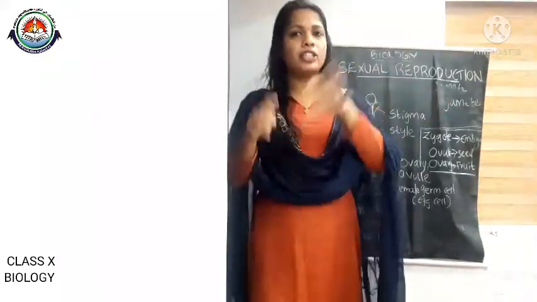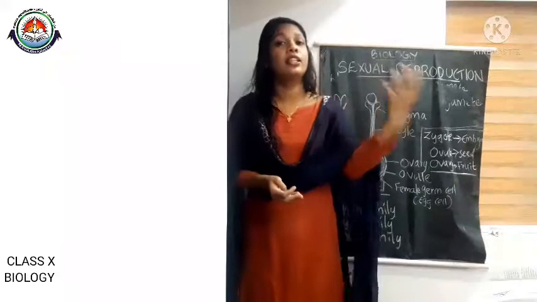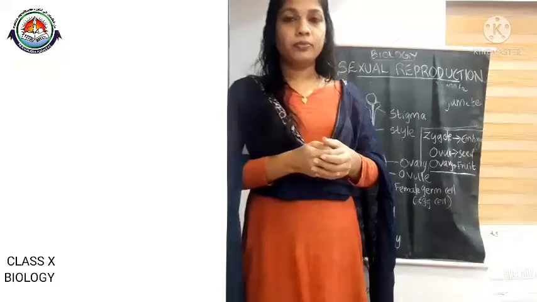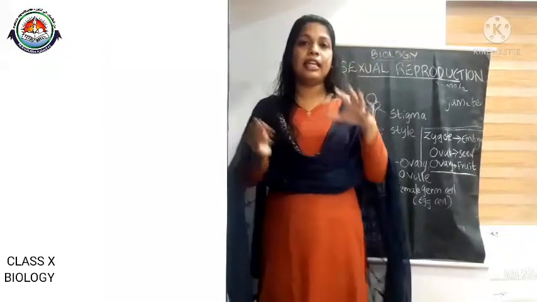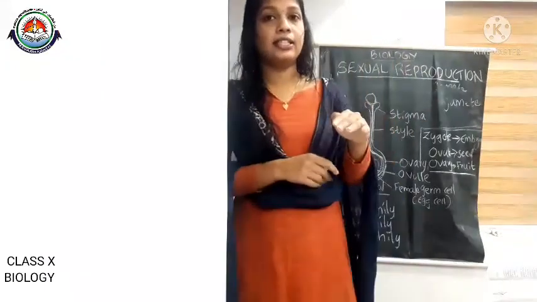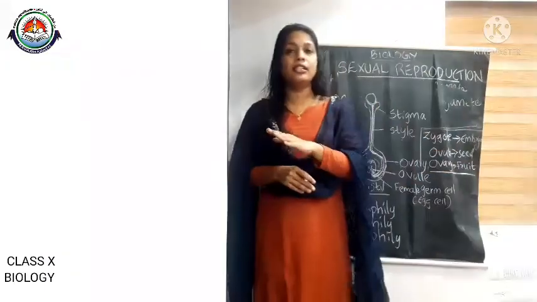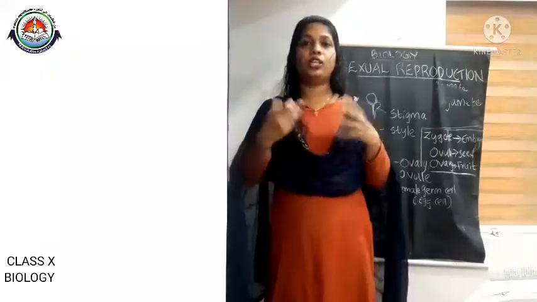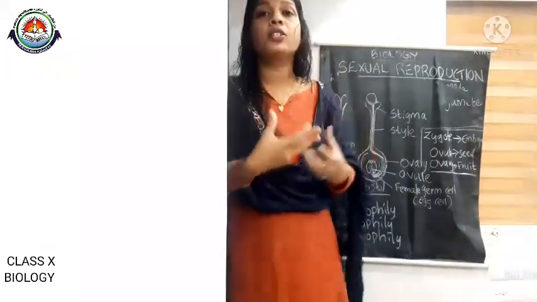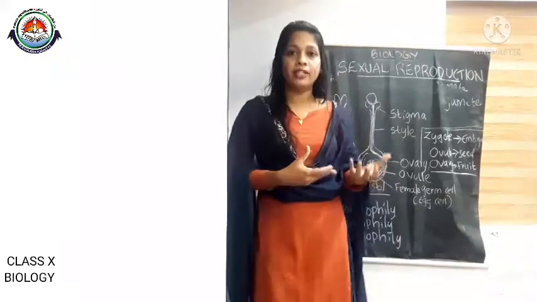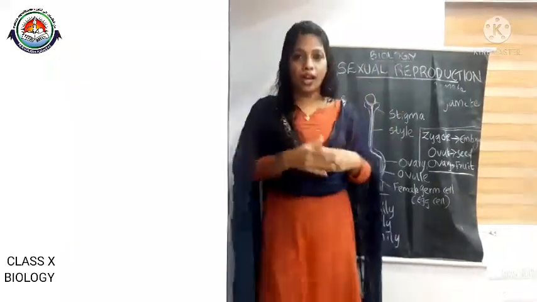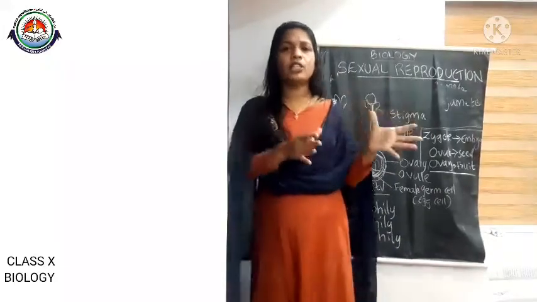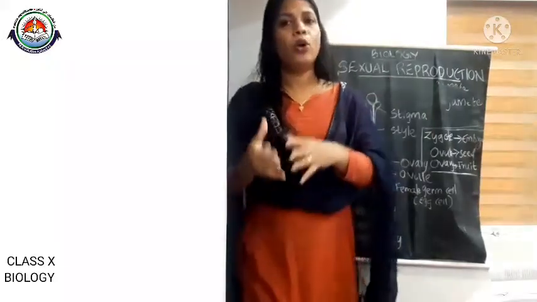At the same time, during a particular phase of our life, lots of other changes occur. For example, at certain ages in both boys and girls, important changes occur, like hair growing in the armpits and the genital area, and those portions becoming darker. These changes are common to both boys and girls.